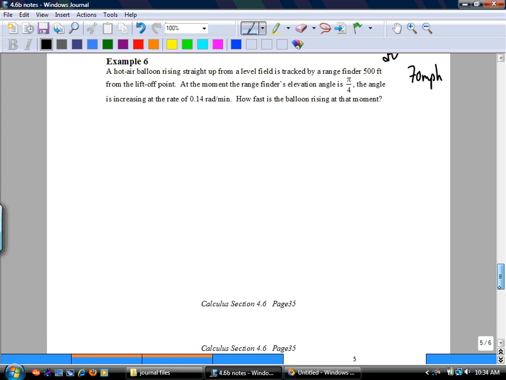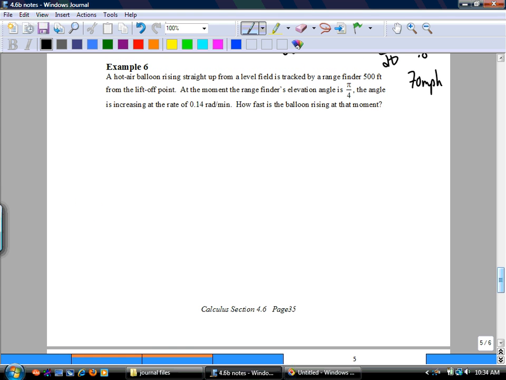A hot air balloon is rising straight up from a level field, tracked by a rangefinder 500 feet from the liftoff point. I think it'd be funner if it was the Space Shuttle Columbia going straight up, because the angle's much faster. But anyways. At the moment, the rangefinder's angle of elevation is pi over 4.